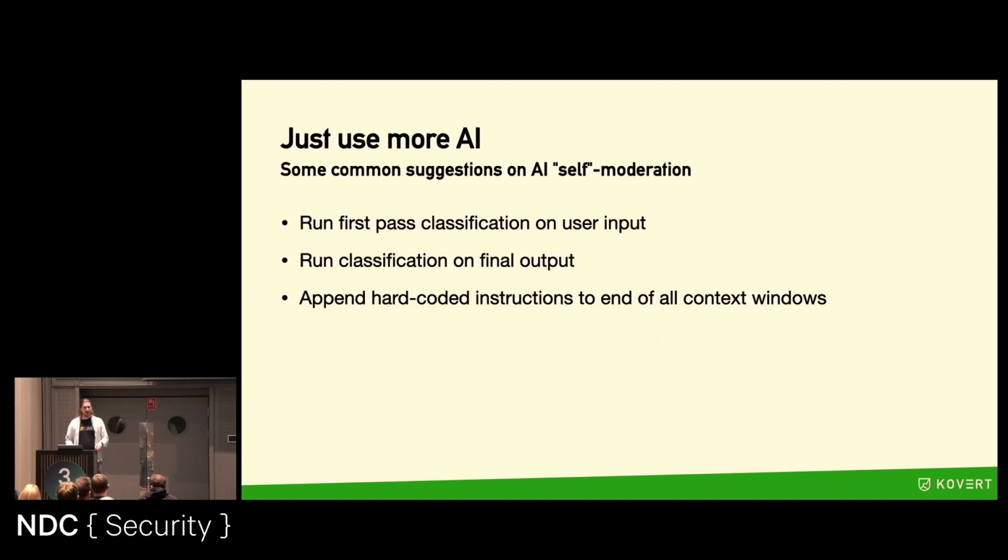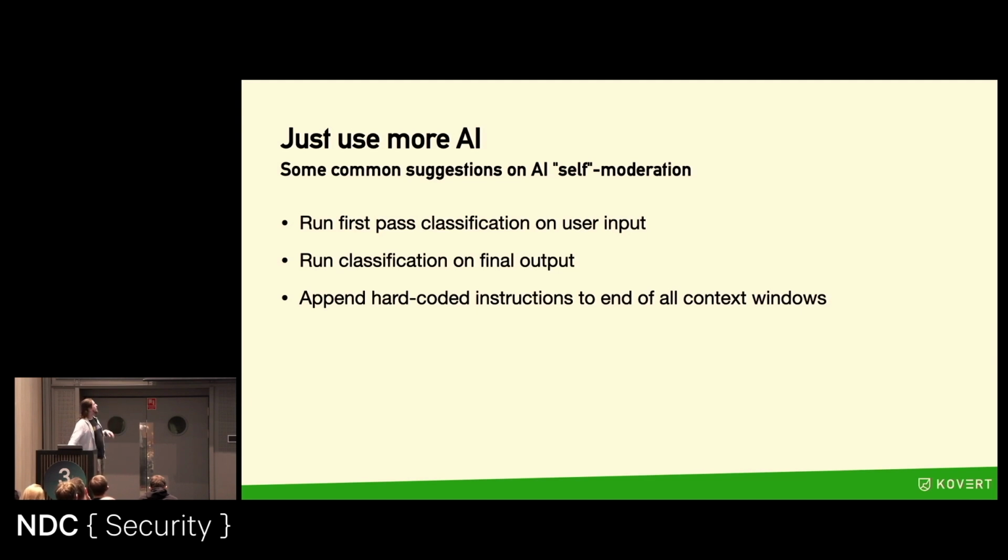Just using more AI is not going to help either. You can't just put in the user's text and then have another AI check if that's all right, or have another AI check if the output from the first AI is fine. You can kind of see scenarios where that works, but it doesn't fully work.